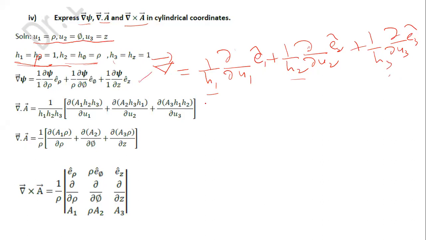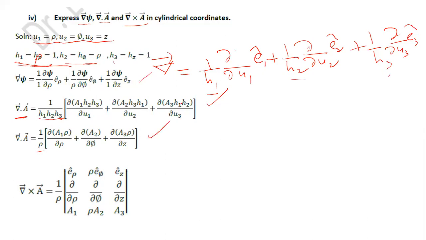And this was the expression we derived for the divergence of a vector field for a general orthogonal curvilinear coordinate system. You just substitute the values of h1, h2, h3 here. h1 is 1, h2 is rho, h3 is 1. So this is what you will get. And similarly, you substitute u1, u2, u3. This is your divergence.